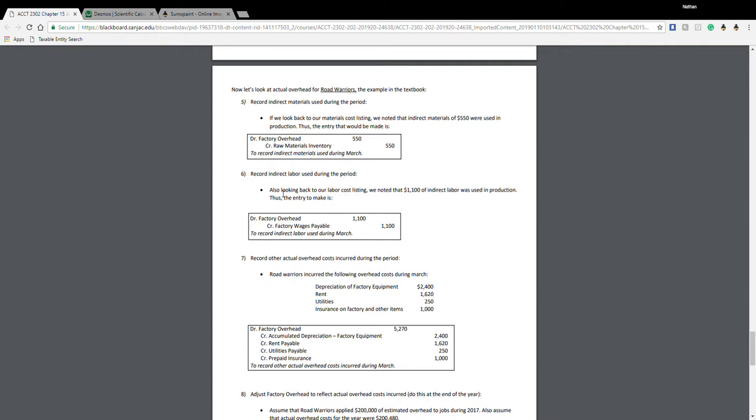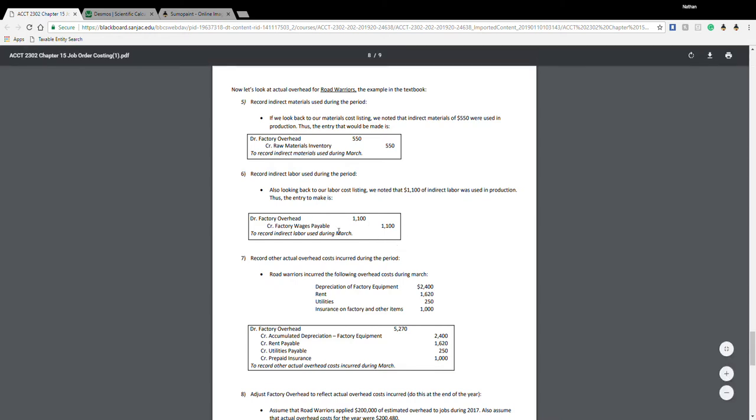We next record the indirect labor used during the period. The indirect labor, as we noted, was 1,100. So we debit factory overhead and we credit factory wages payable for that amount.